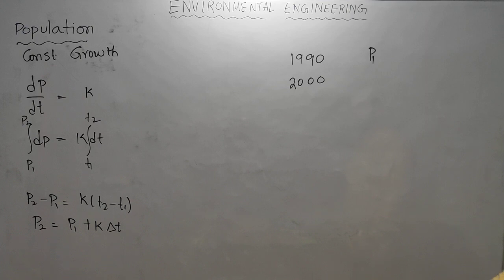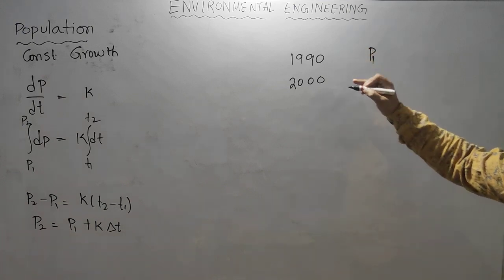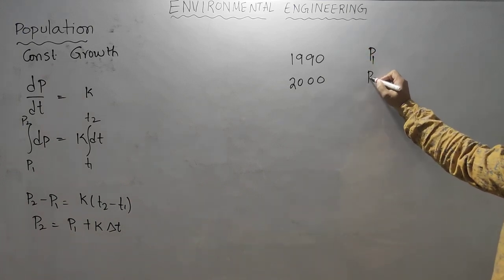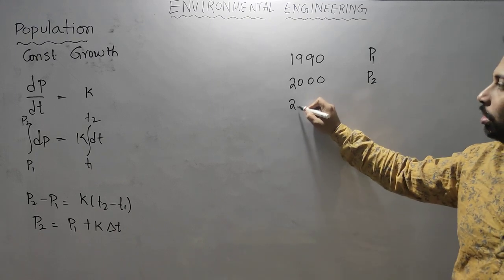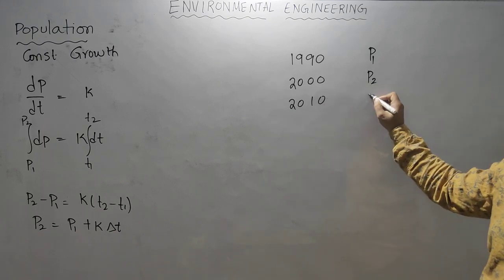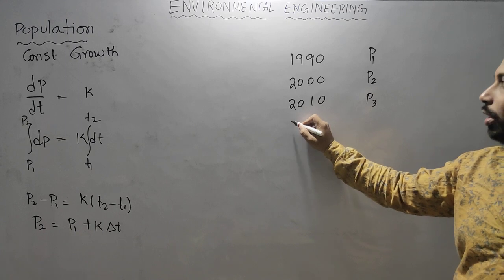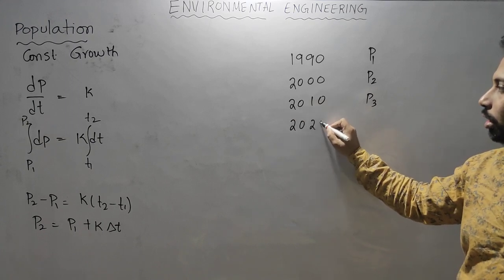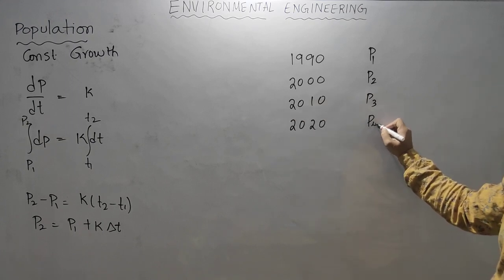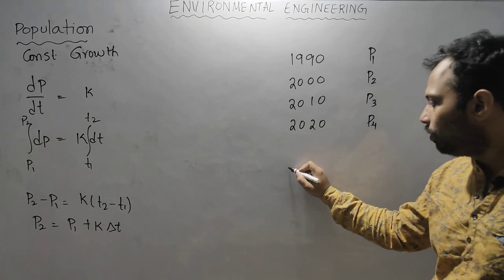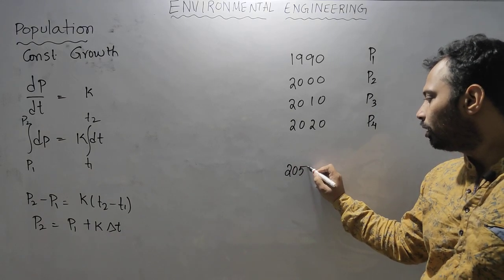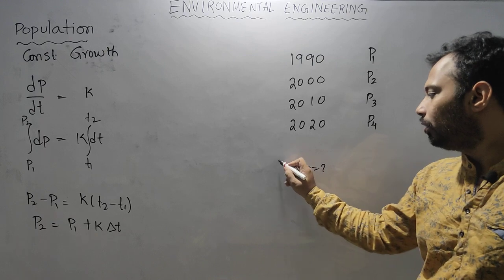So that is why we will be having the data of population for every 10 years. So it is P2, 2010 it is P3, and 2020 it is P4. Okay, I want the population in 2050.